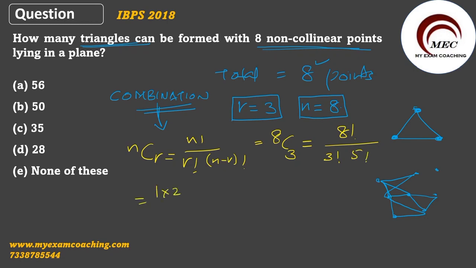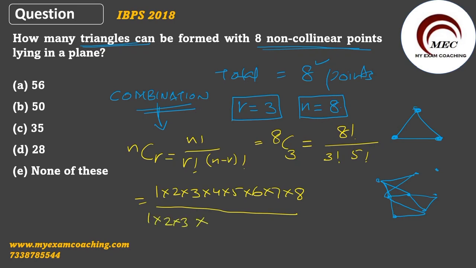So we got 8 factorial is equal to 1 into 2 into 3 into 4 into 5 into 6 into 7 into 8. Don't write all these things in your exam hall. Here itself you can cut 8 or 5 factorial आप cancel कर सकते हैं. For explaining the concept I am writing all these things. आपको ये सारा लिखने का जरूरत नहीं है, shortcut method में करो. So 1 into 2 into 3, that is 3 factorial.